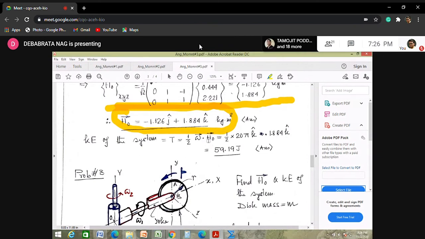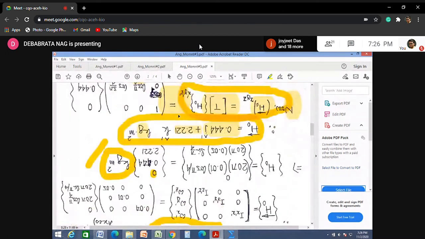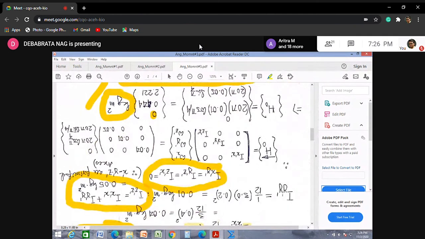Now I use this h bar o in this definition, because the angular velocity vector has just the k cap component, right? Had I used this description of the angular momentum in y dash and z dash terms, then I would have taken the angular velocity components also.